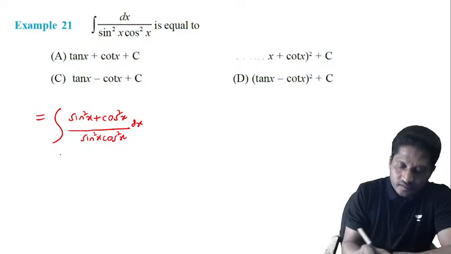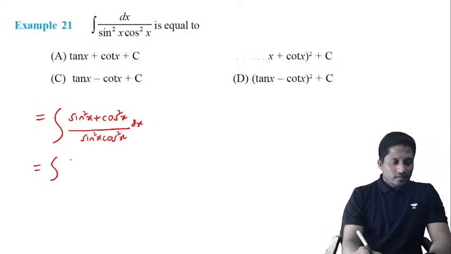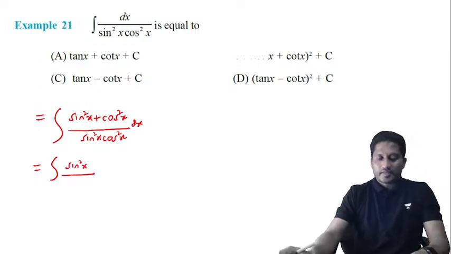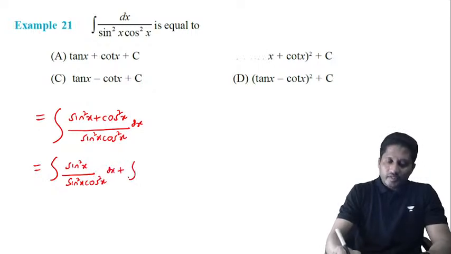Okay, if I separate this, it's equal to integration of sin square x upon sin square x into cos square x dx, plus integration of cos square x divided by cos square x sin square x dx.